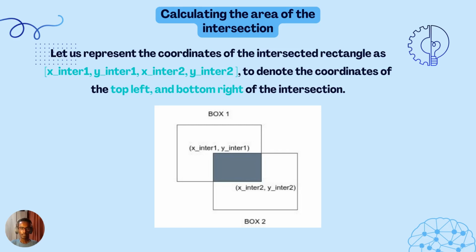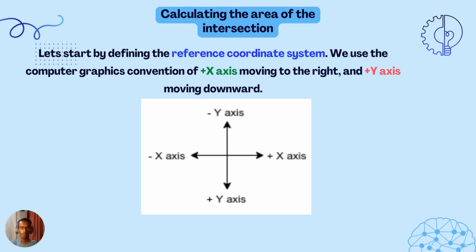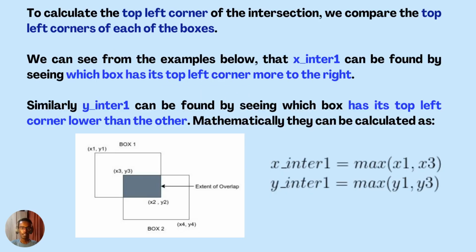These are just the corner points of the overlapping region. Let's start by defining the reference coordinate system. We use the computer graphics convention that the positive x-axis means as we move to the right, and when we move downwards, we're moving in the positive y direction.